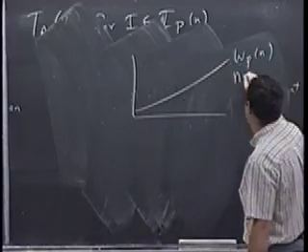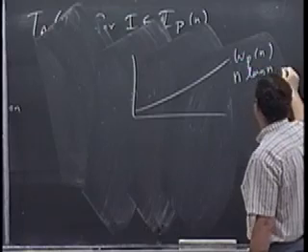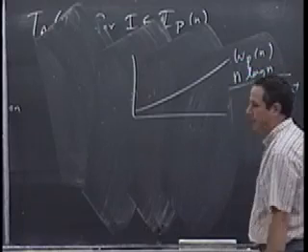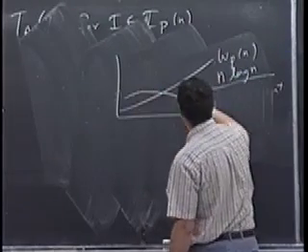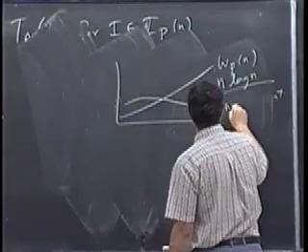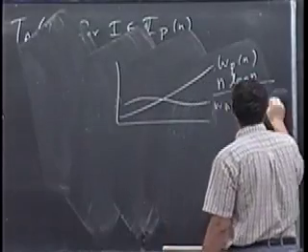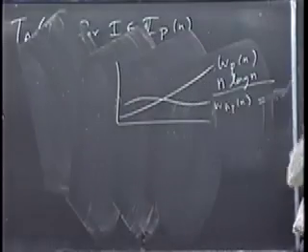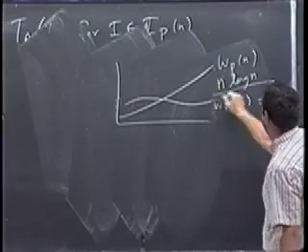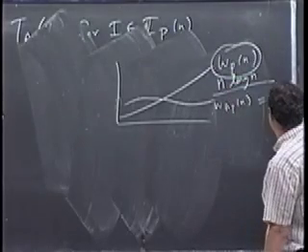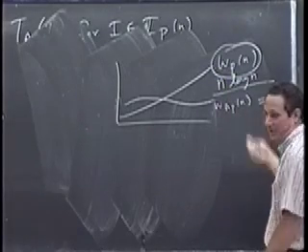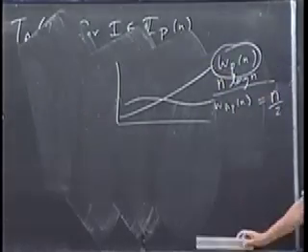A typical one is n log n. And then somebody comes along with an algorithm whose W_A(n) is smaller than this function. Let's say n over 2. I don't know, just to make up some function.